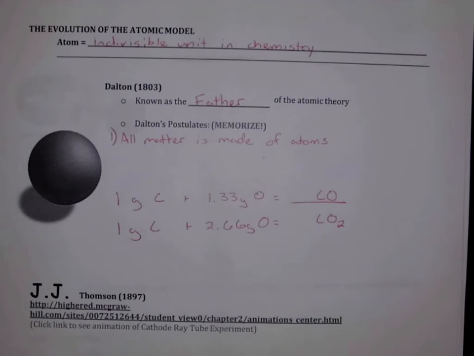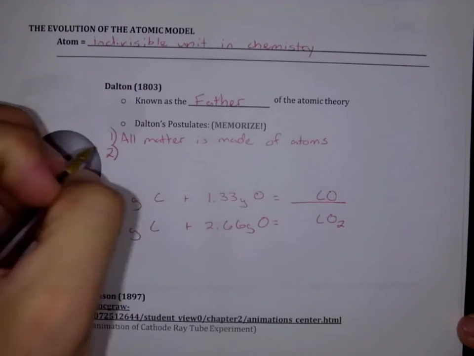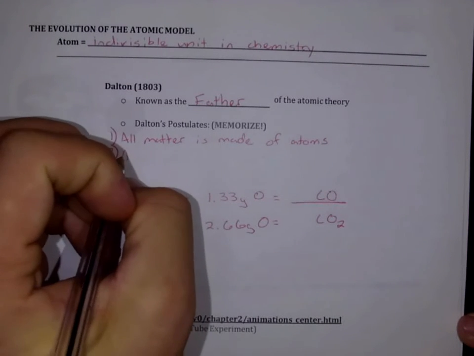Okay? So everything that we talk about as matter, it's going to be made up of these fundamental pieces of matter, right? He also said that atoms of the same element are going to be essentially the same.